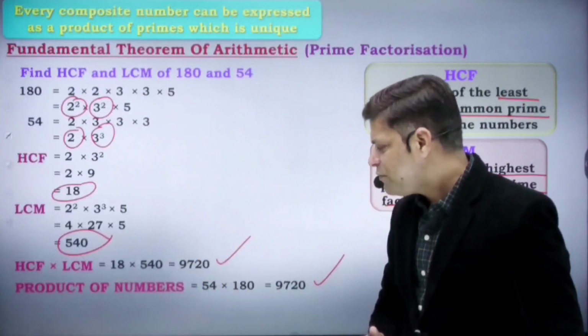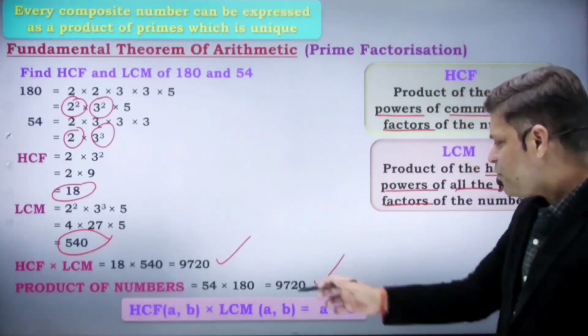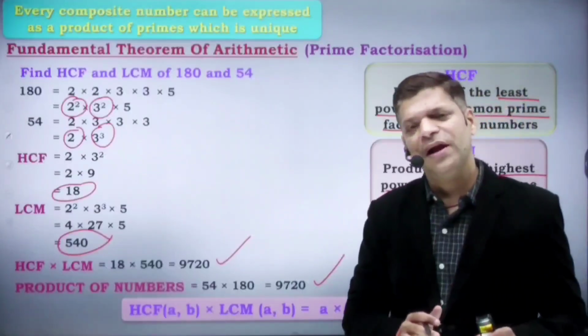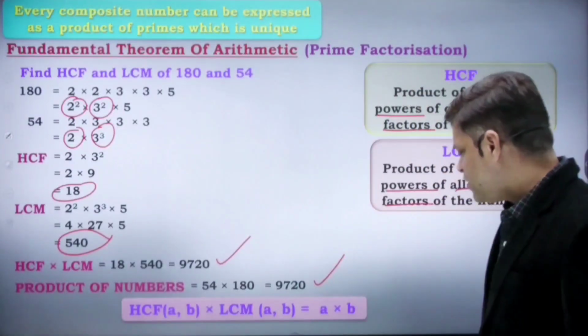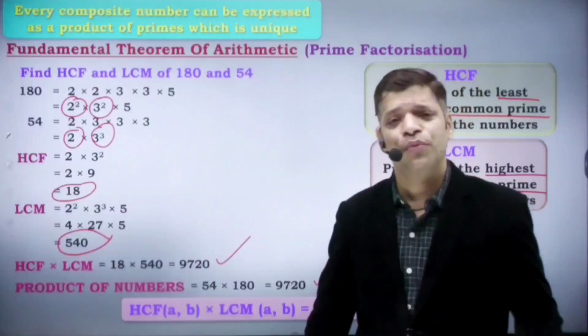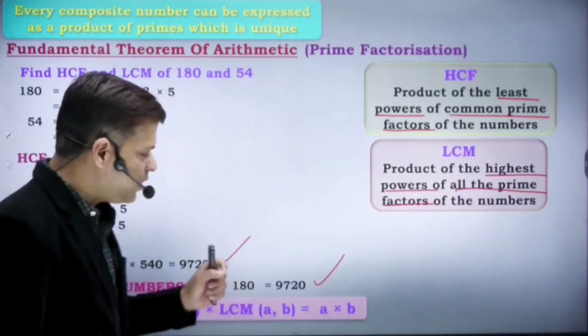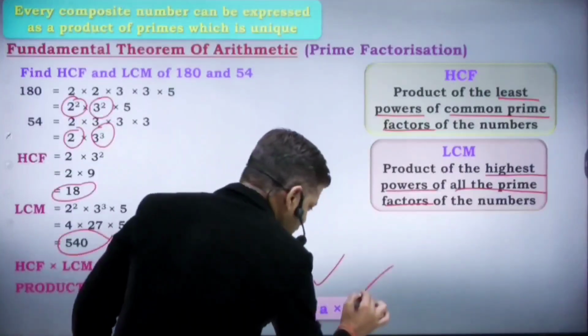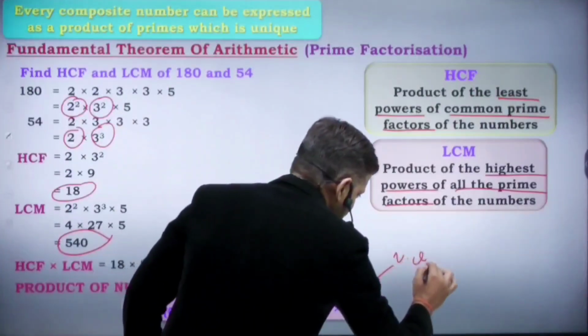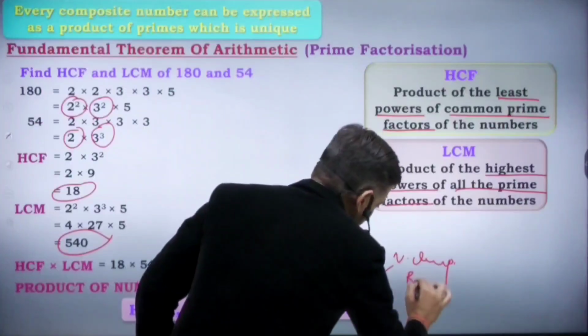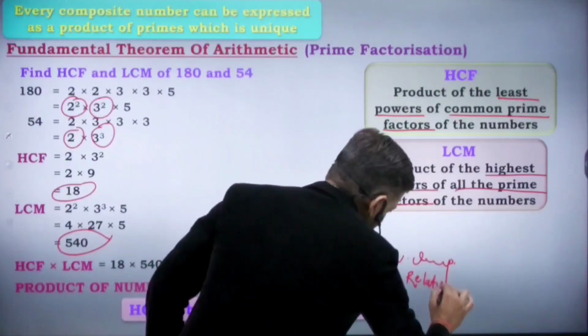What we find is that the HCF of two numbers multiplied by the LCM of two numbers is equal to the product of both numbers, that is A cross B. So this is a very important relation.